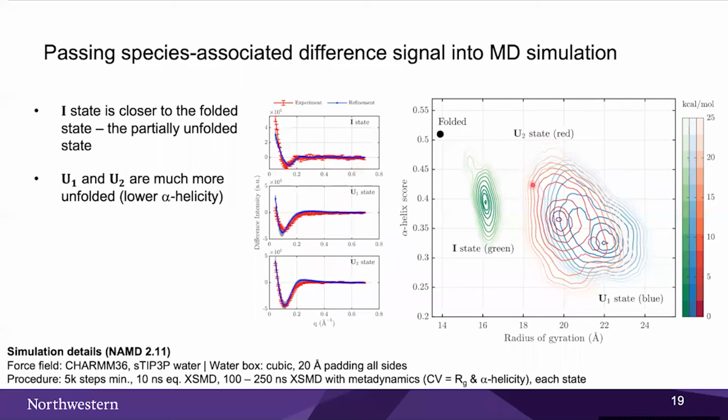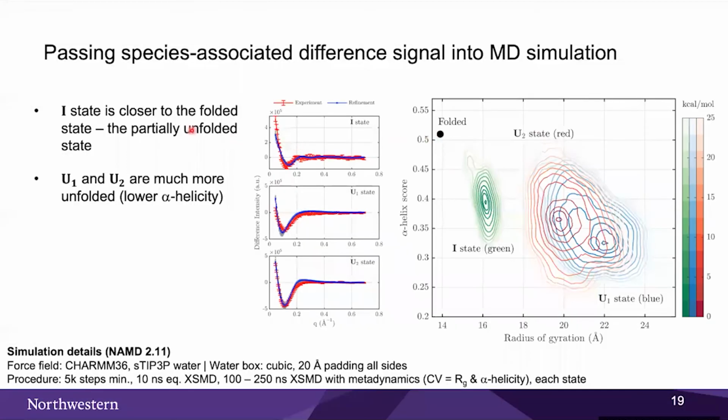On the other hand, you can also look at the free energy surface. In this case, we are projecting all the structures onto the free energy surface constructed by the radius of gyration of the protein, as well as the alpha helix score of the protein. We included the folded protein here, which has a defined radius of gyration at 14 angstrom and a fairly high alpha helix score.